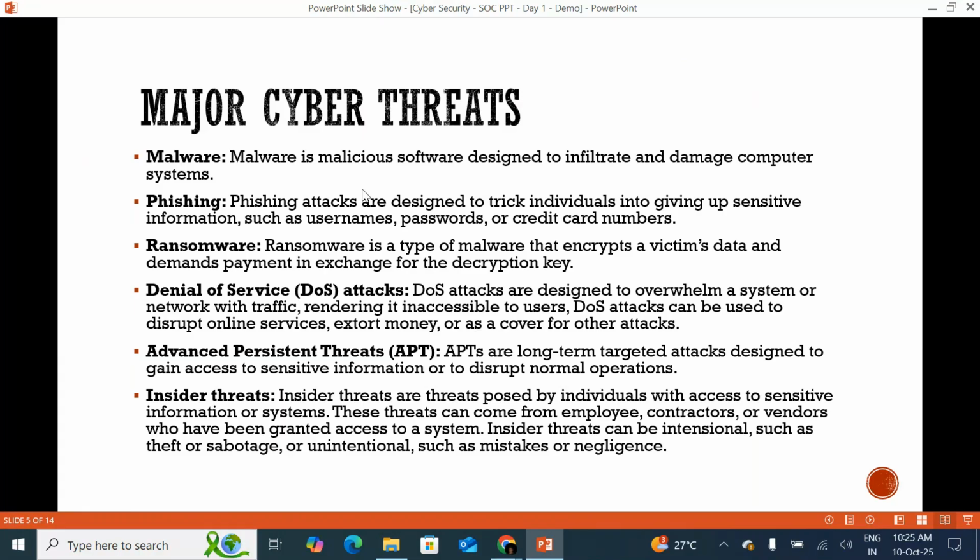They collect these numbers, the sensitive information, and then utilize it against you. That is called email phishing. Spear phishing means it is done internally.